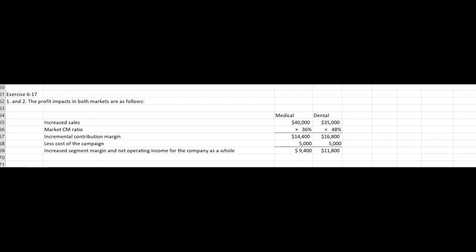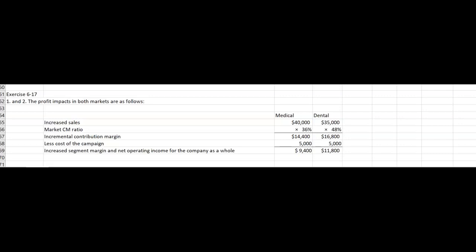I would now like to go over exercise 6-17, working with a segmented income statement. Refer to the data in exercise 6-16. The company would like to initiate an intensive advertising campaign in one of the two market segments during the next month.